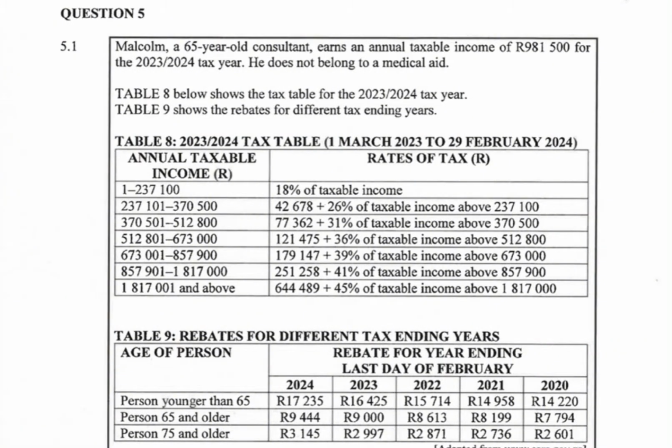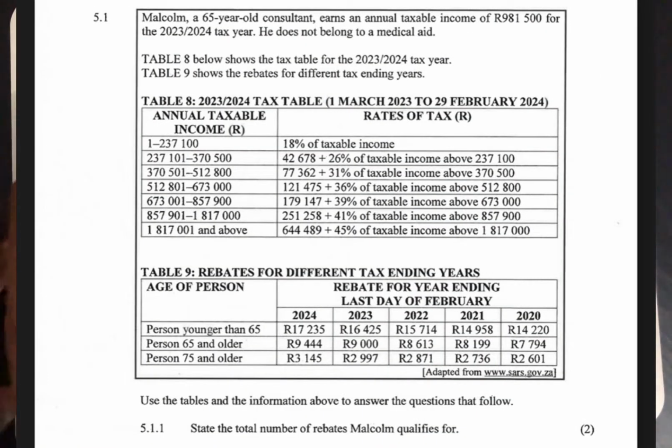It means that we must use the tax rebates of 2024. So let's look at the first question, which is question 5.1.1. It says that state the total number of rebates Malcolm qualifies for.